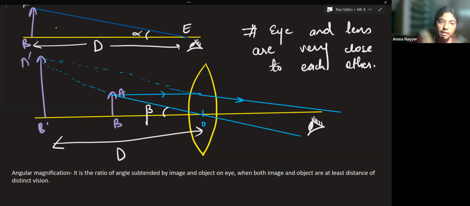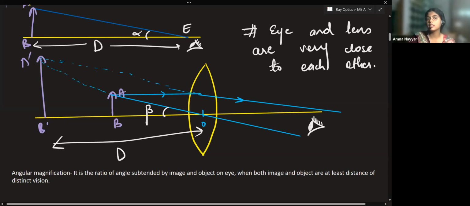The angle subtended by the image on the eye, beta, and the angle subtended by the object on the eye when it is at the least distance of distinct vision, that is alpha.